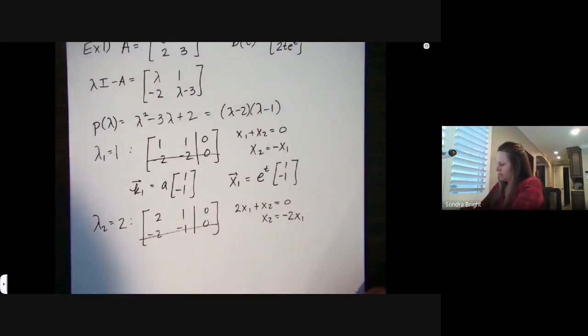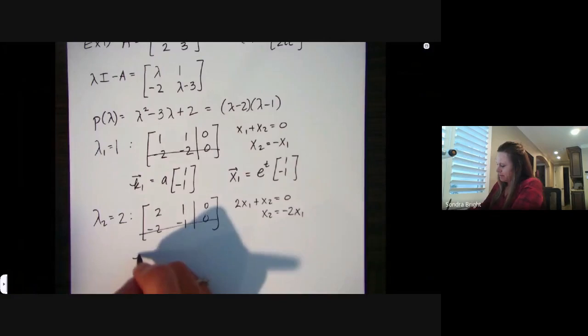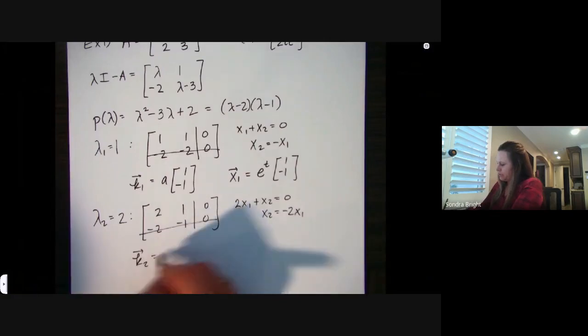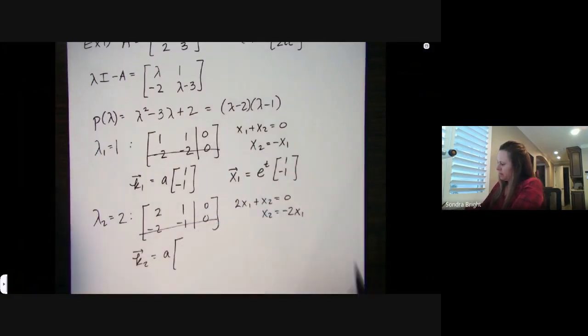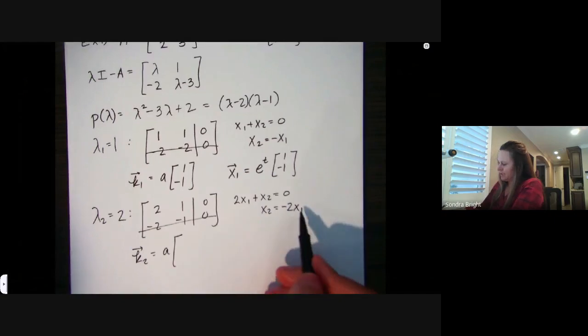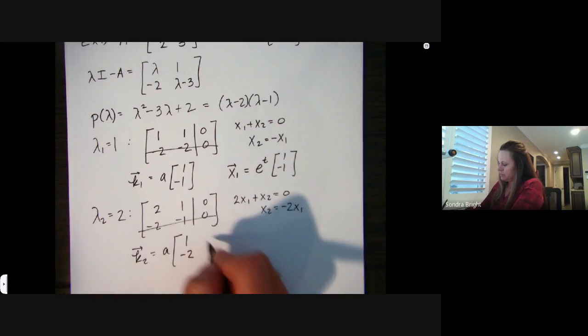If you let x1 be a, then x2 would be negative 2a.